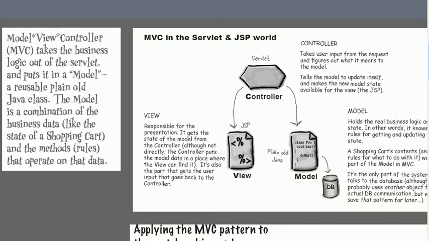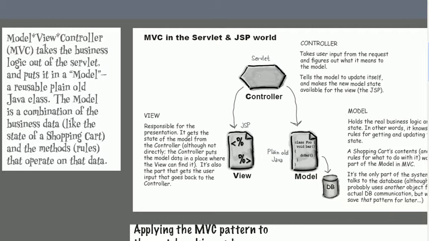So the model is a combination of business data and the methods that operate on that data. I have a view, which is the interface, and which sends a request to the servlet, which forwards the request to the model, so that the model can operate on the state of the system, which is to operate on the database. It has rules which define the way it should interact with the database and modify the state of the system.